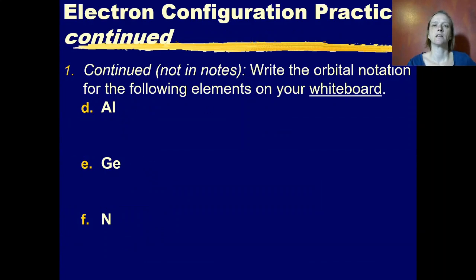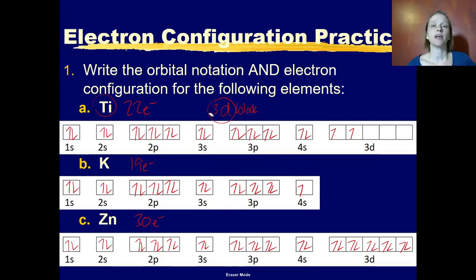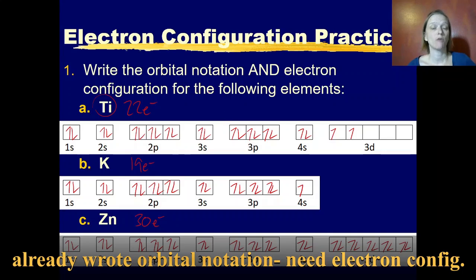Now, I also said that we should write the orbital notation for these same electron configurations, just so that we get in the practice of doing that. So let's do that.